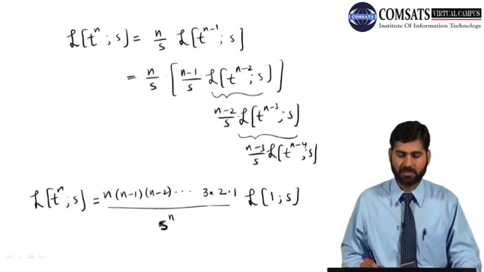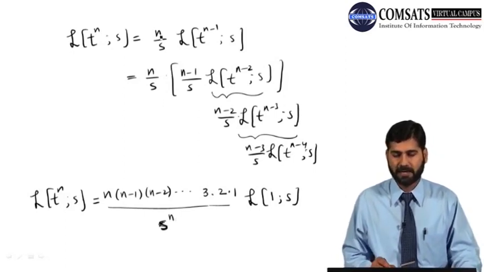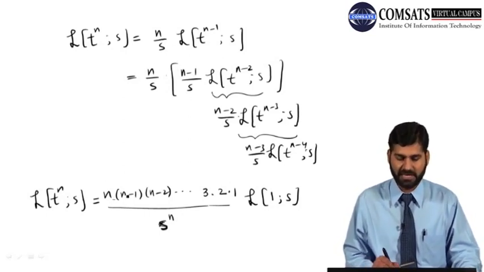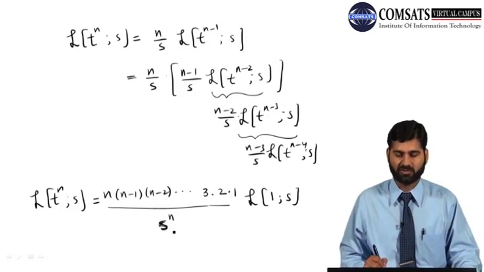Is it s to the power n? Because you have 1 s for every factor. There are n factors here, 1, 2, 3 up to n. So that's why s to the power n will occur.